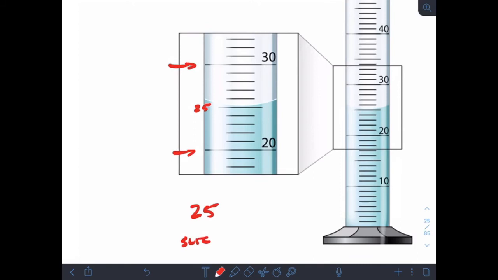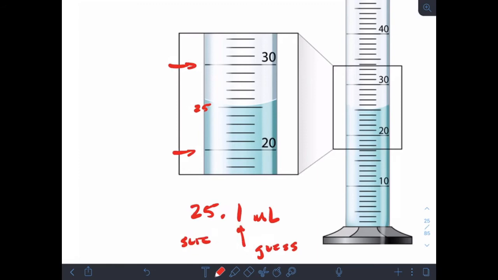So I could say maybe 25.1, 25.2, probably not 25.3. Right? So I'm going to estimate one more digit and say 25.1 milliliters. Okay? 25 is for sure. The 0.1 is a guess.